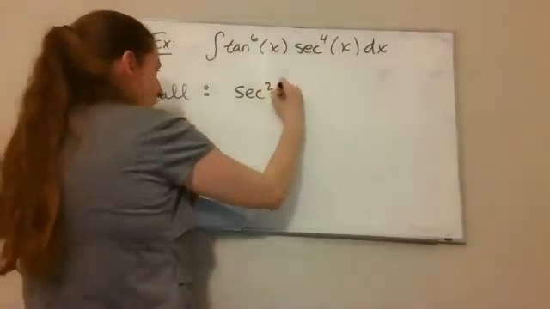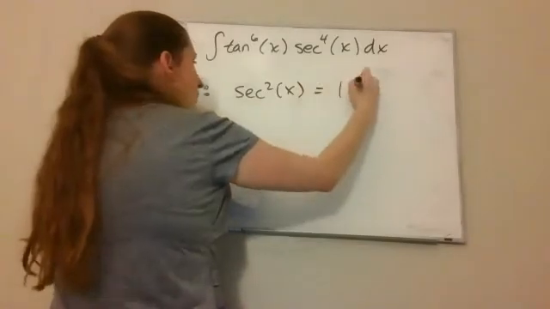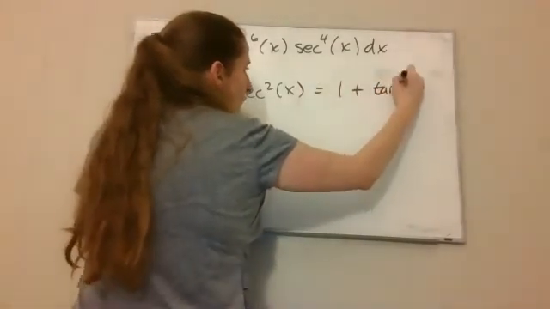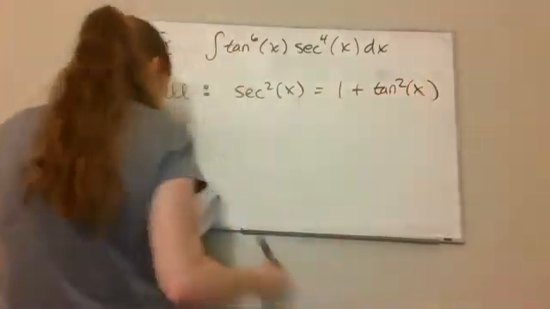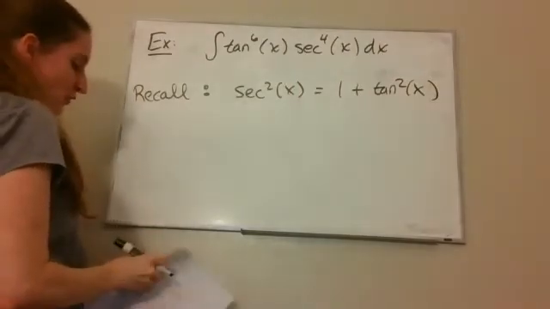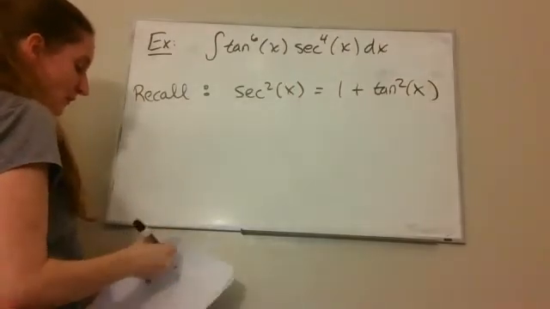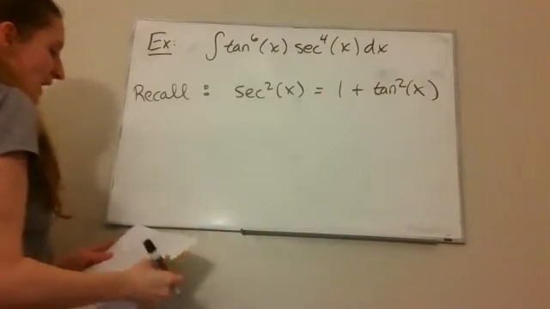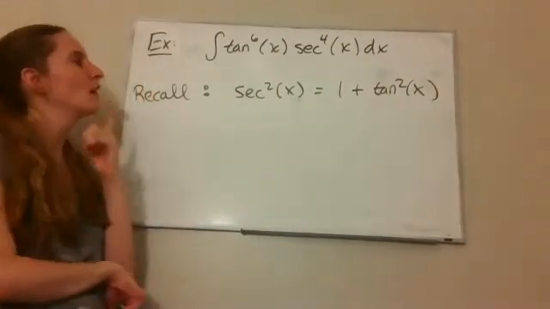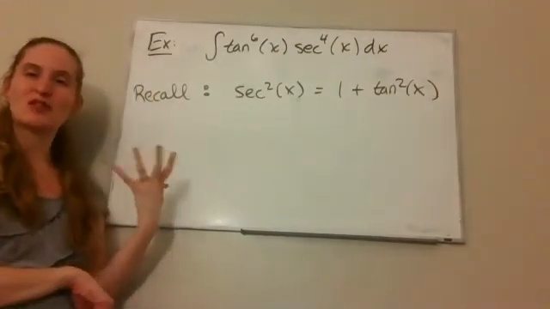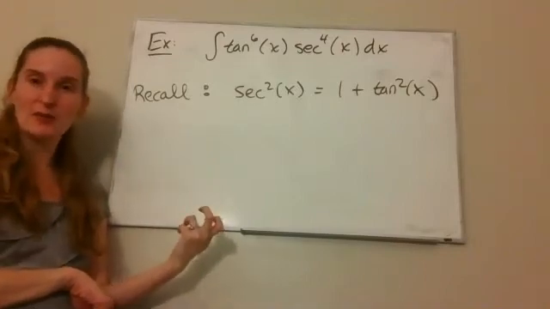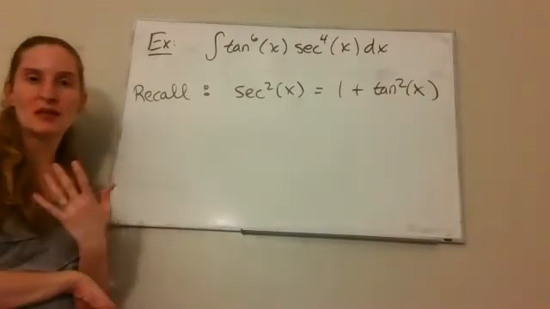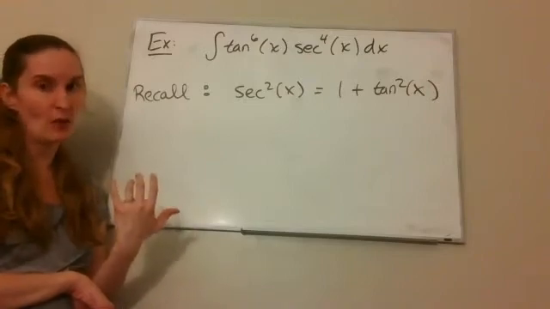We have secant squared is equal to 1 plus tangent squared. So that's the identity we're eventually going to be using on this problem. Now, how do I want to write this? Well, we need to remember that when we're doing these sort of trig identity problems, we're probably going to end up doing u substitution at some point.